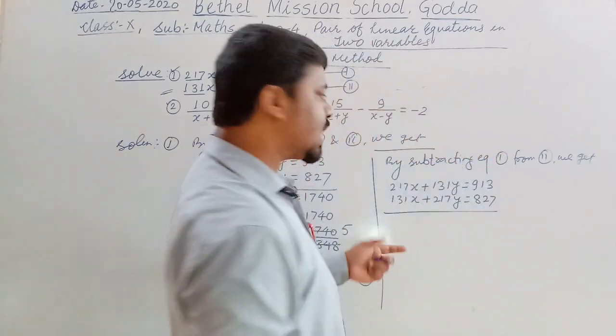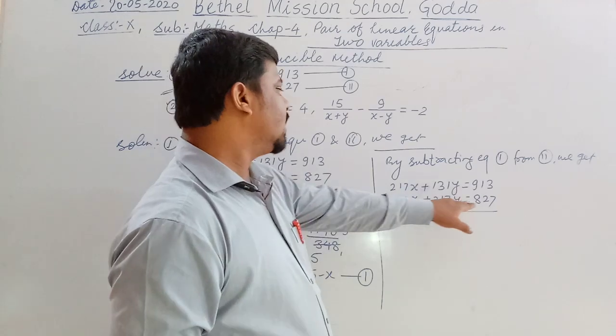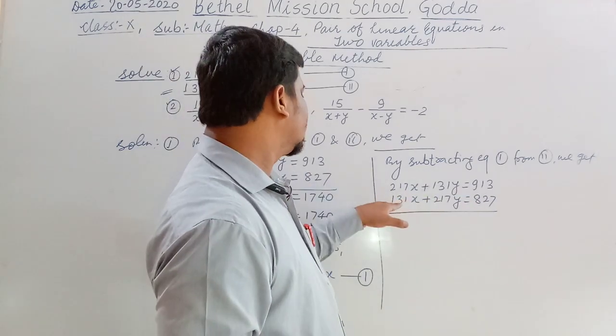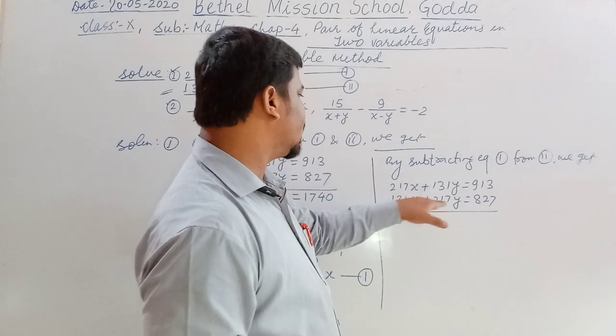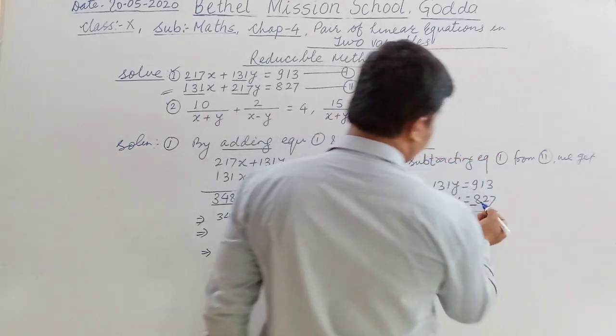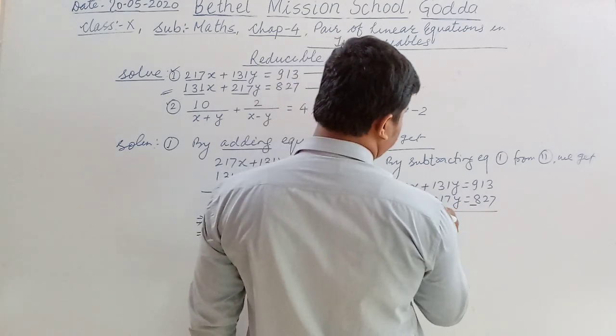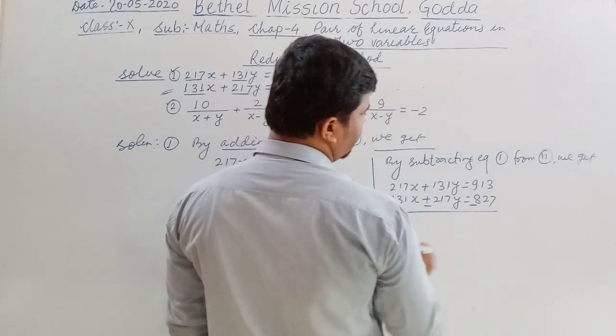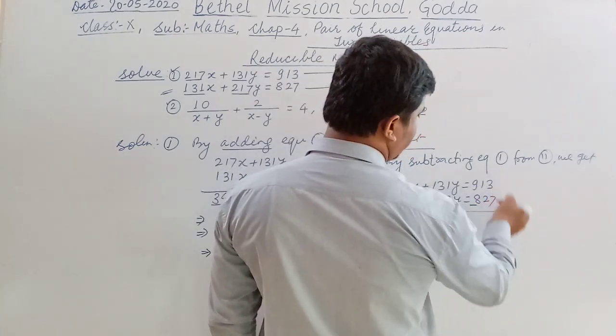When we subtract, the sign of the lower equation changes. This is positive, so it will be negative. This is also negative and this is also negative. Now we have to subtract.